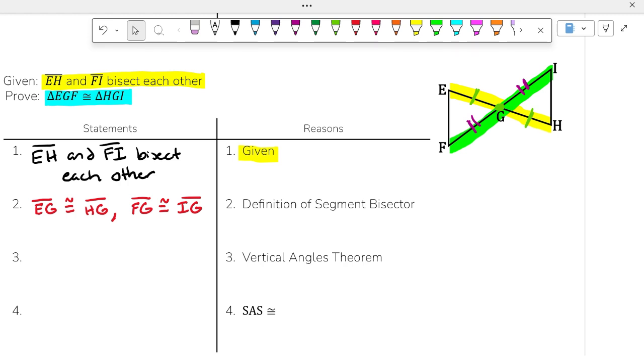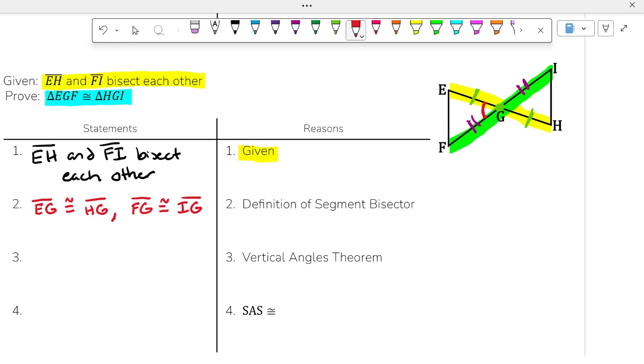So, which two angles here would be the vertical angles? Can someone tell me one vertical angle? There you go, FGE. So FGE is one of them. That'll be right here. What's the other one?